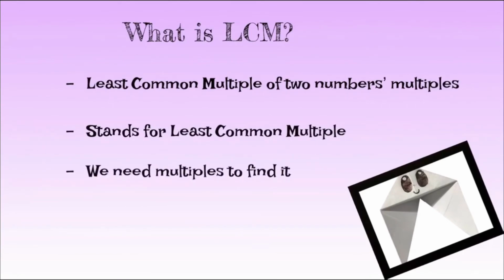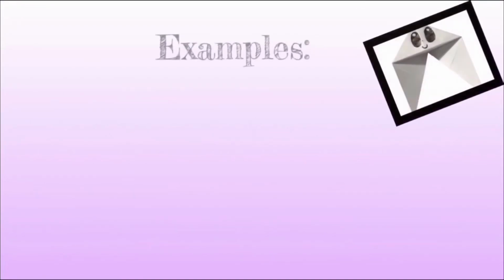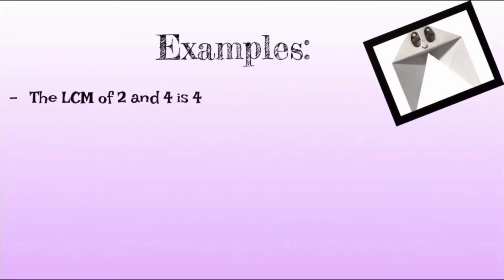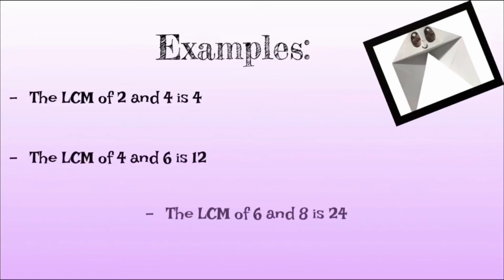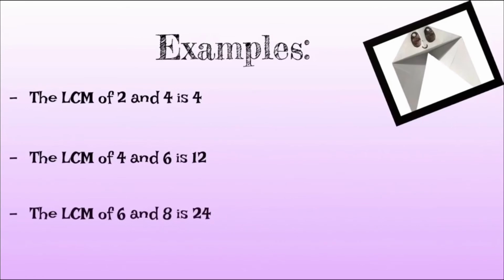We need multiples to find it. Examples. The LCM of 2 and 4 is 4. The LCM of 4 and 6 is 12. The LCM of 6 and 8 is 24.